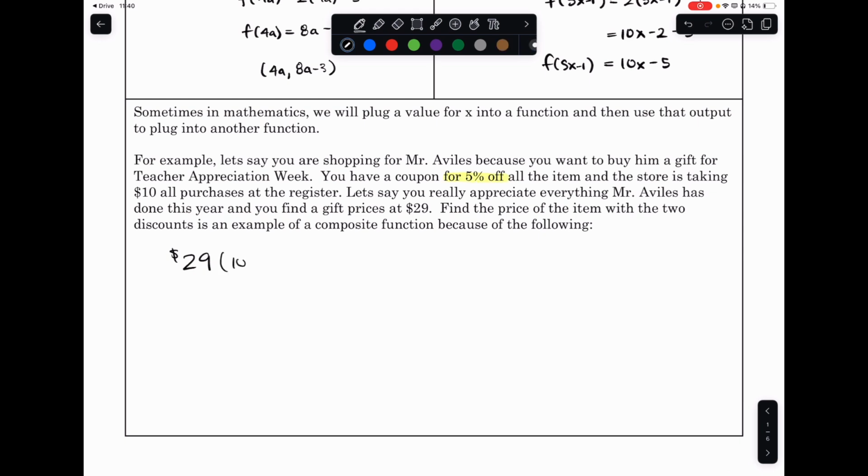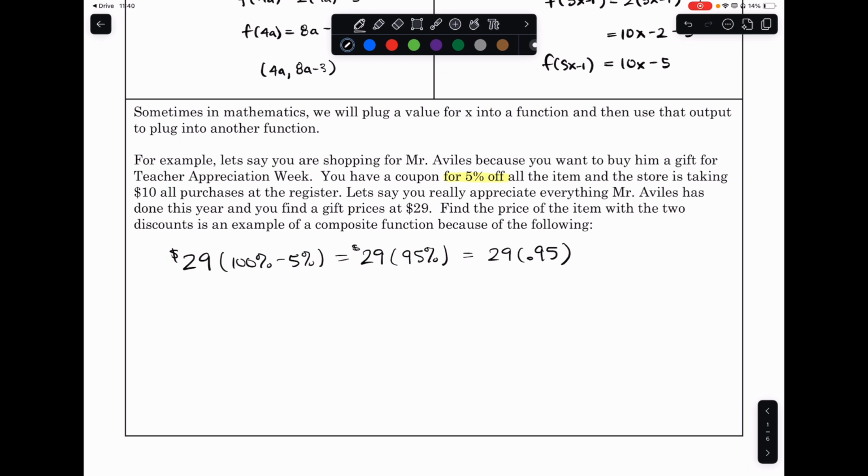So out of 100% of the price, you're going to take 5% off of it. So the $29 item that you're going to purchase is now going to cost 95% of its original cost, which is 0.95 in decimal format.